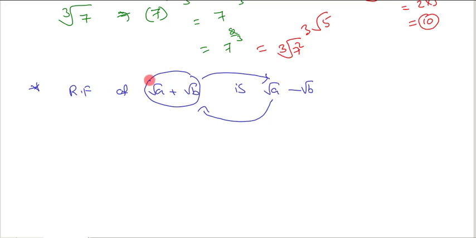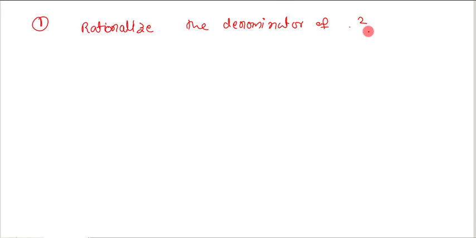And let us see one problem based on rationalizing. Let us take the question. Rationalize the denominator of 2 by under root of 2 plus root 3.